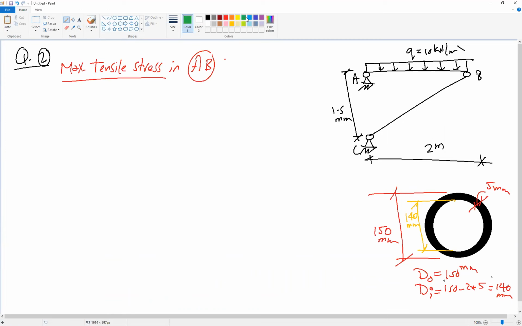To solve this problem, first of all, we need to know the straining action or the internal forces in member AB. This means that we need to find the normal force N and the moment M.